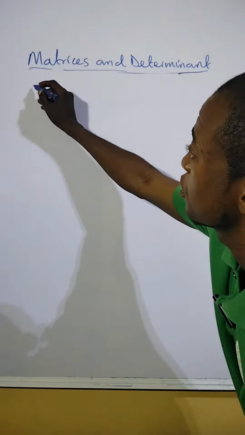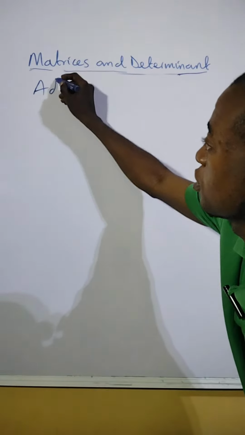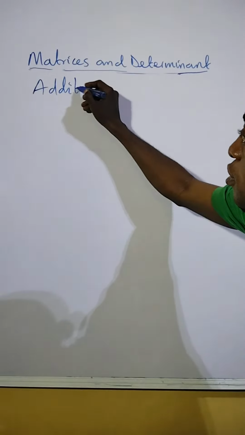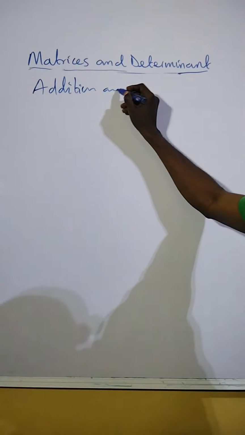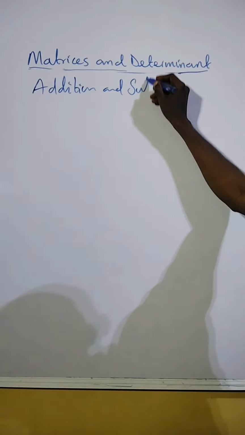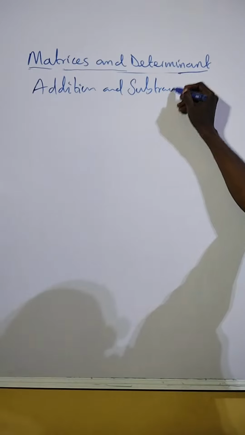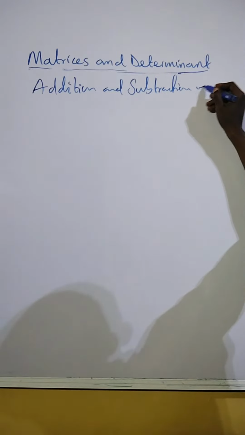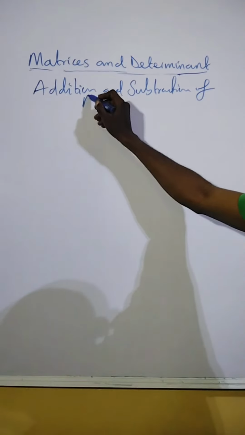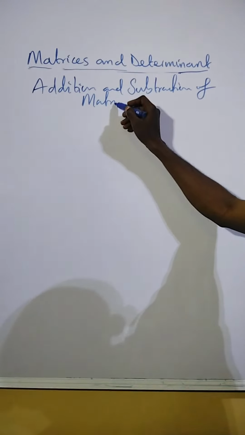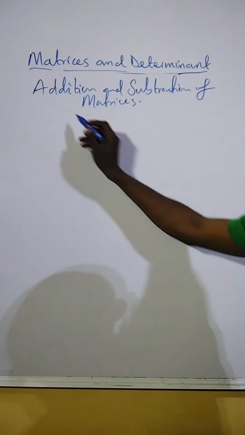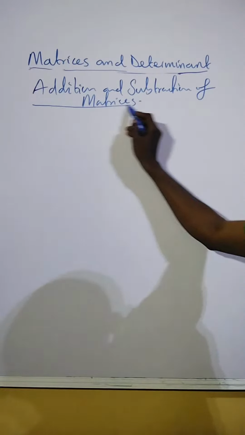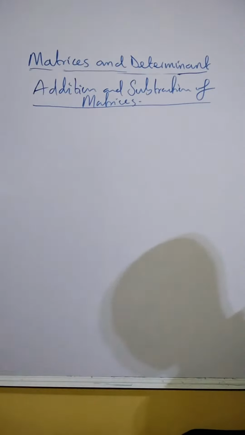Two or more matrices can be added and subtracted. Now, let's look at the general way of handling this.